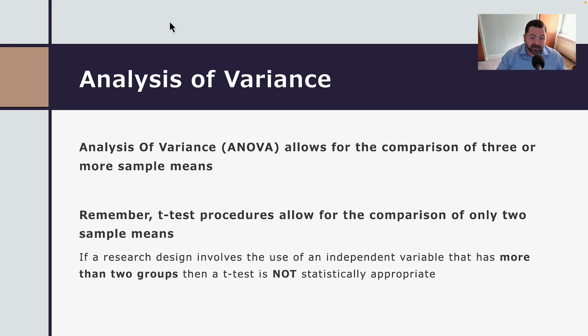So a couple of things that people generally ask is, well, Dr. Bruno, why can't I just do a bunch of t-tests? Well, remember, every single time that we run a t-test, whether it be the independent samples t-test or the paired sample t-test or the one sample t-test, the problem still remains that when we conduct those statistical procedures, we're still doing it at the 0.05 alpha level. But that's for one test.